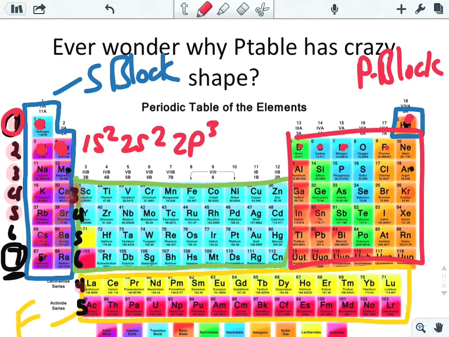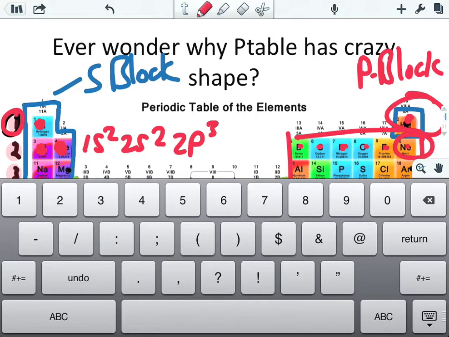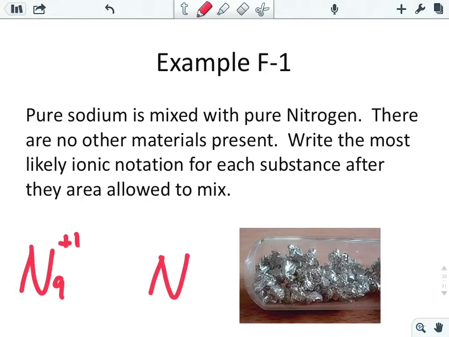Is it closer to helium, or is it closer to neon? Well, neon's only 1, 2, 3 away. So is it more likely to lose 5 and become like helium, or gain 3? It's easier to gain 3. So in our example, it gains 3 electrons, so it becomes more negative by 3, so it's minus 3. That's what's more likely, because it's easier for it to gain 3 than it is to lose 5.